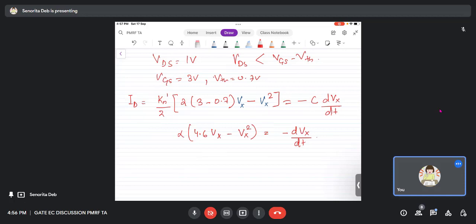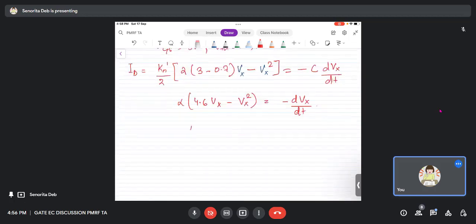It doesn't matter because anyways we are going to find the graph. So therefore minus alpha dt equals dVx upon Vx into (4.6 minus Vx), right? And this you can separate out, right? This is nothing but a what?